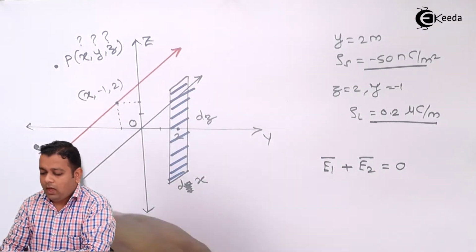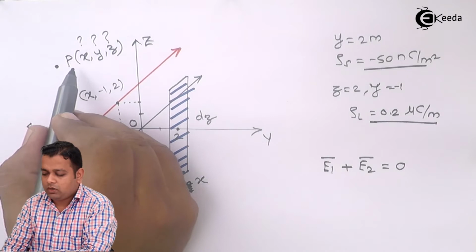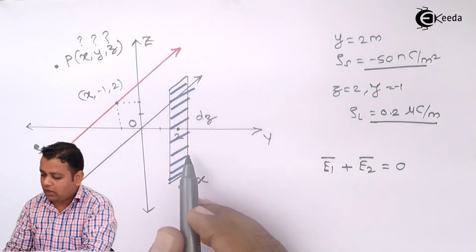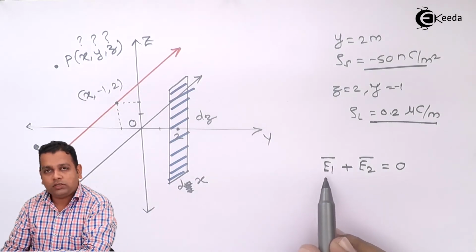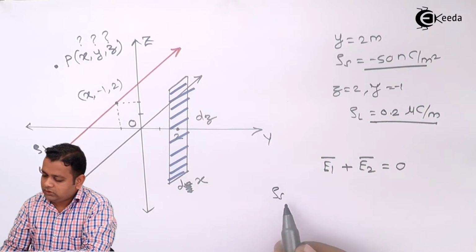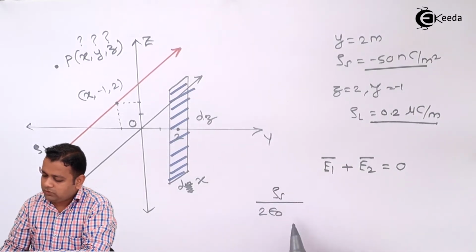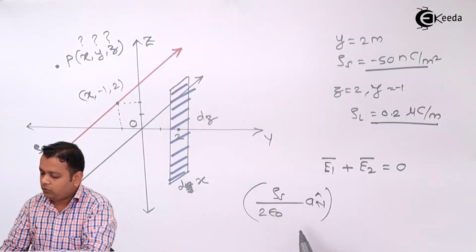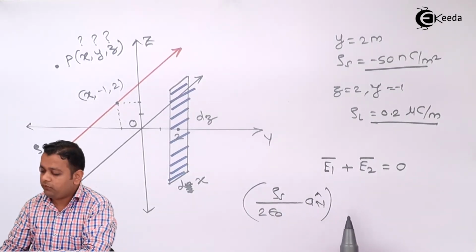Now at this point P having coordinates x, y, z, because of this uniform infinite sheet of charge, the E1 bar is produced. So E1 bar is having the form rho s upon twice epsilon 0 an cap, what we derived in our previous video.